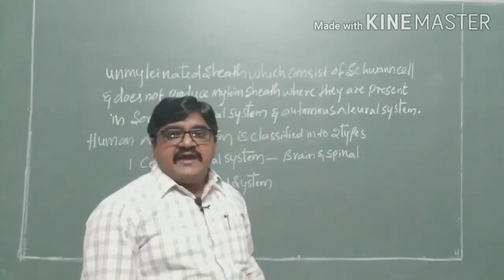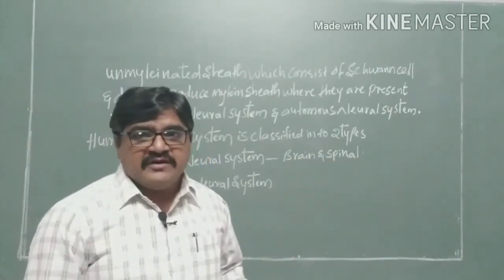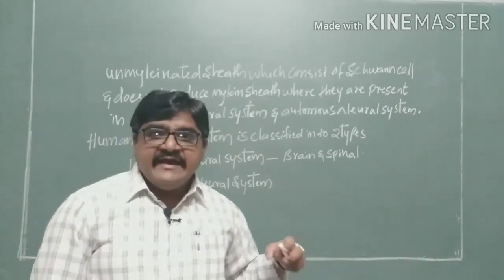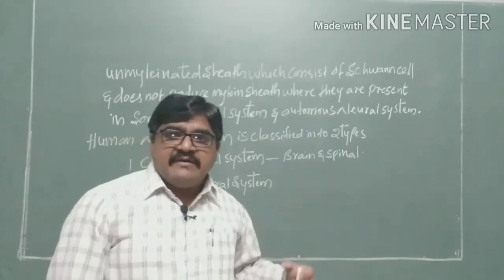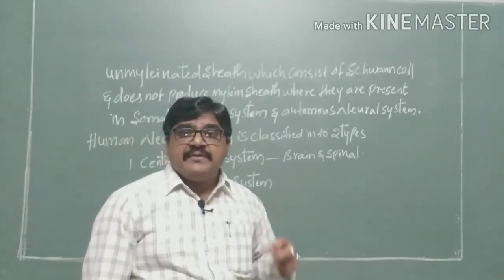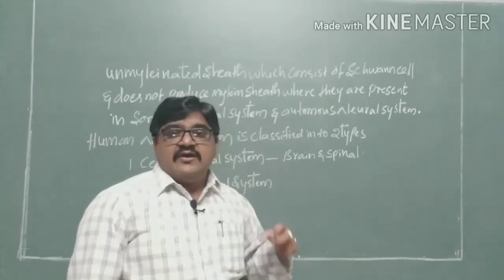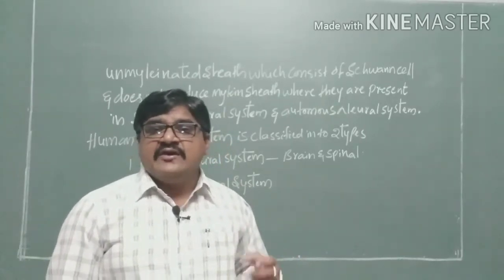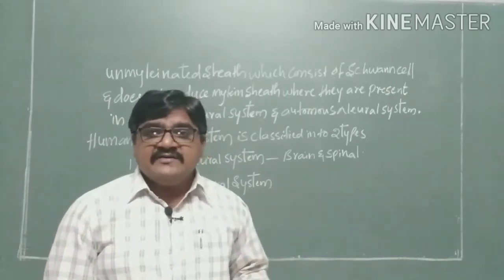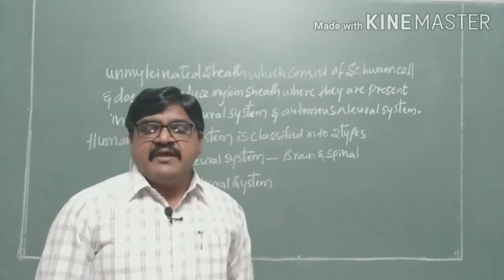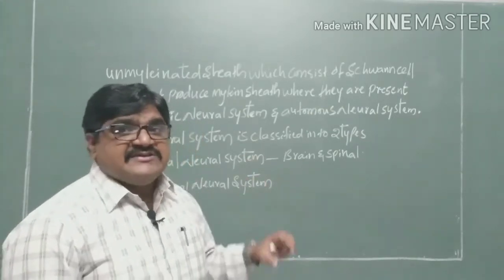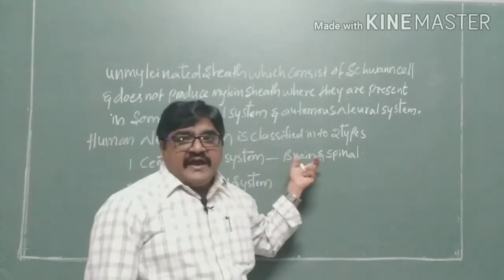The brain is very important in humans. Due to the well-developed brain compared to other mammals, humans have a well-developed brain that controls all the activities of the nervous system. All voluntary actions are under the control of the brain only.